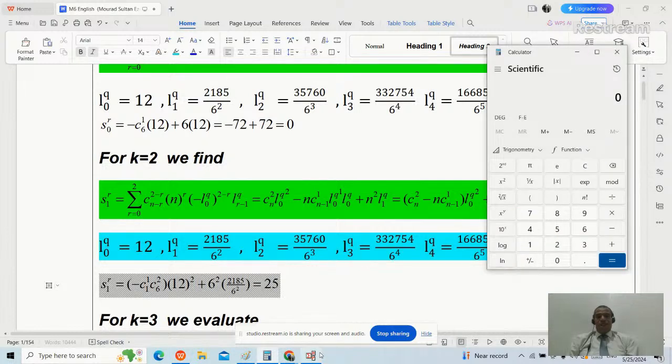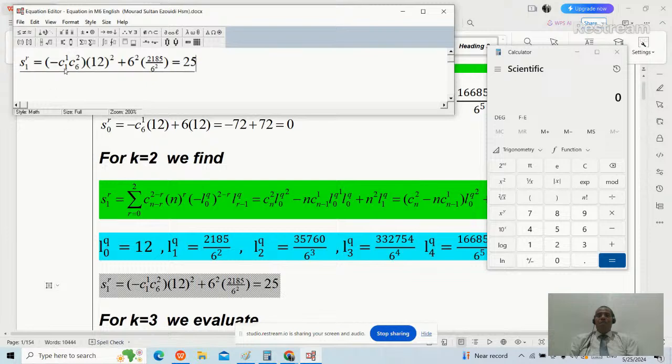The value of S1 is negative combination 1 choose 1, which is 1, times combination 6 choose 2, which is 15, times 12 squared plus 6 squared times 2185 over 6 squared. I'll write it here: negative 15, because this is 15 and this is a negative sign, times the square of 12, which is 144, plus 6 squared divided by 6 squared, which cancels out, so I just write plus 2100 plus 2185.